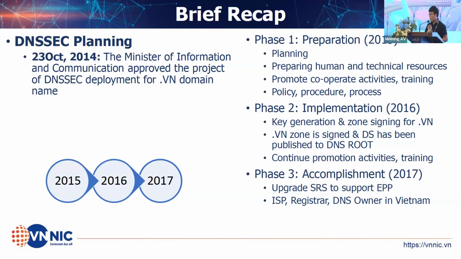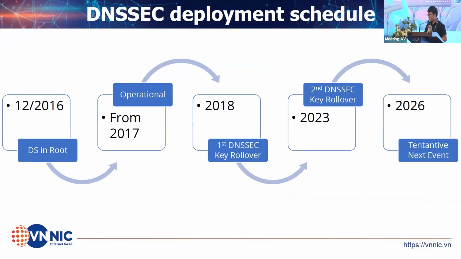Next step, in 2017, we updated the SIS system to support EPP for the registrars in Vietnam to upload the DS record from the second level domain, and the end user can upload the DS record on our system via the EPP gateway.